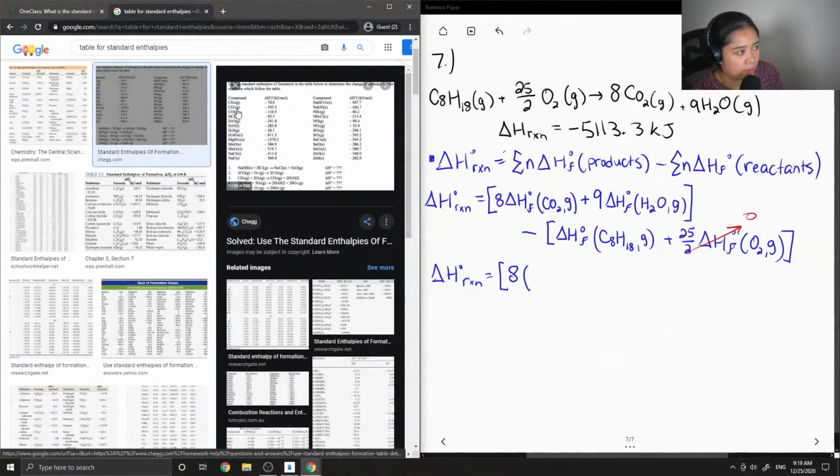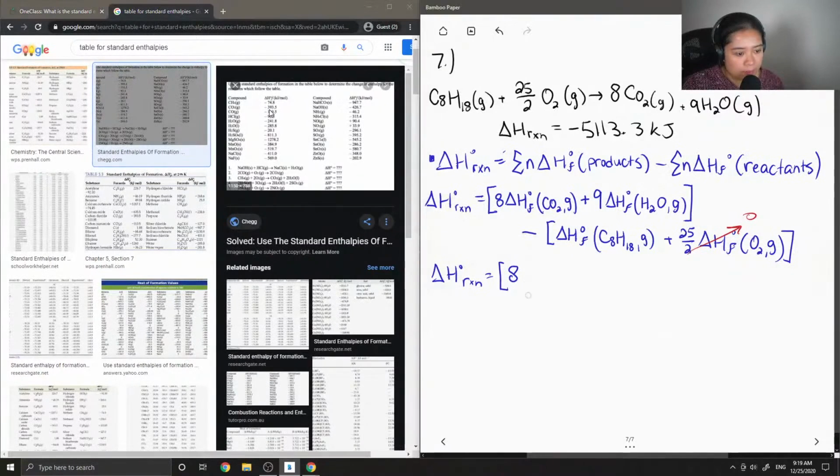So first we're looking for carbon dioxide gas. So its delta H of formation is negative 393.5 kilojoules per mole. I'm just going to write that down. And I'm also just going to show that this should be 8 moles times negative 393.5 kilojoules per mole.